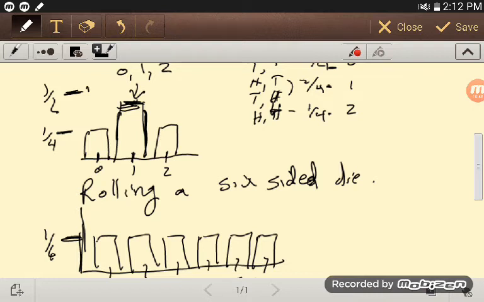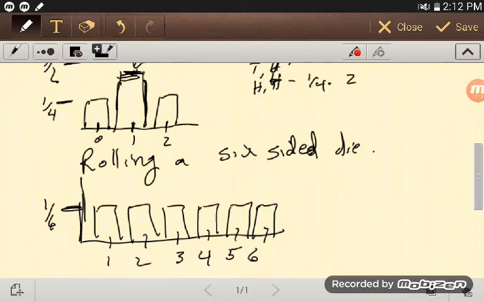Or one head occurs as much as 0 or 2 heads put together. And so I'm looking at the population and I'm using a bar chart or a histogram to help me understand that relative frequency of how often I should see things if I sample them.